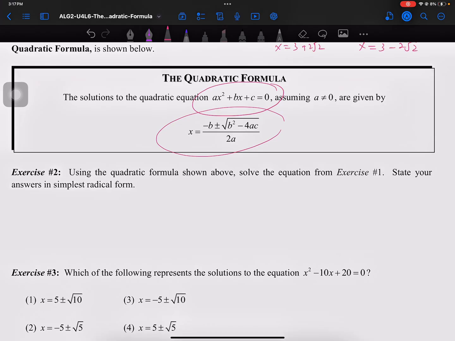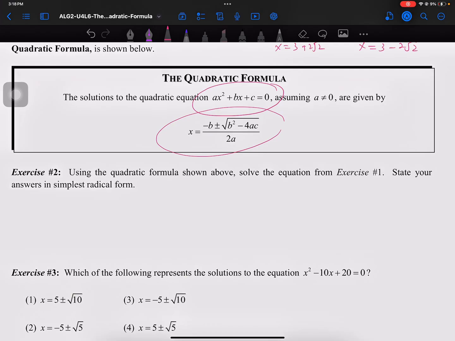This formula tells us the solutions for any quadratic equation as long as we can identify a, b, and c. It's like a calculator in formula form. So in the next exercise, we'll use this quadratic formula.